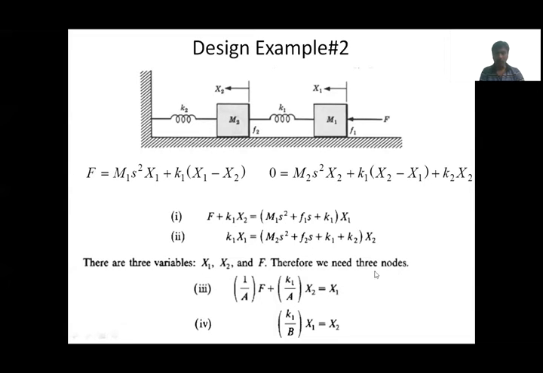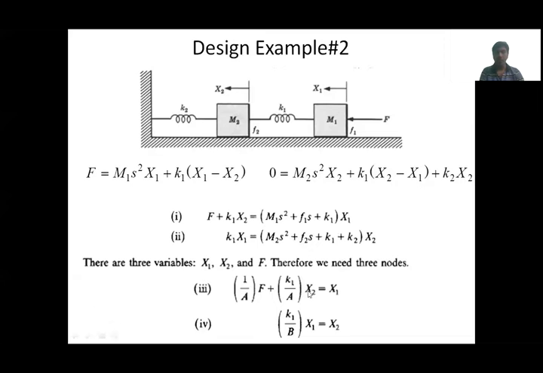so we need three nodes. If x1 is equal to, from these two we have x1 here also, and if you write this total x1 expression in this and simplify it, we will get x1 in terms of f and x2, like this. In a similar way, for the x1 and x2 relation, if you throw this to this side, we will get this expression.